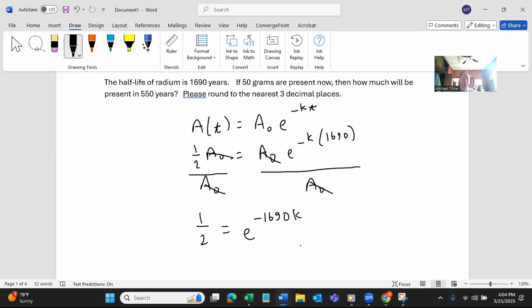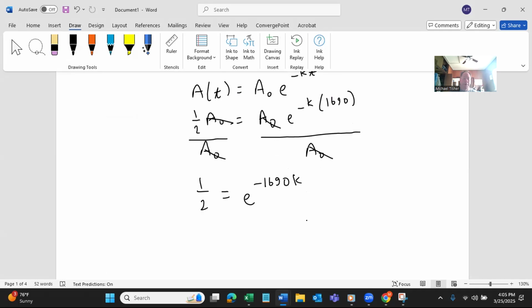So one half equals e to the negative 1690k. Now to get the k by itself, we're going to take the ln of both sides. So it'll be ln of one half equals ln of e to the negative 1690k.